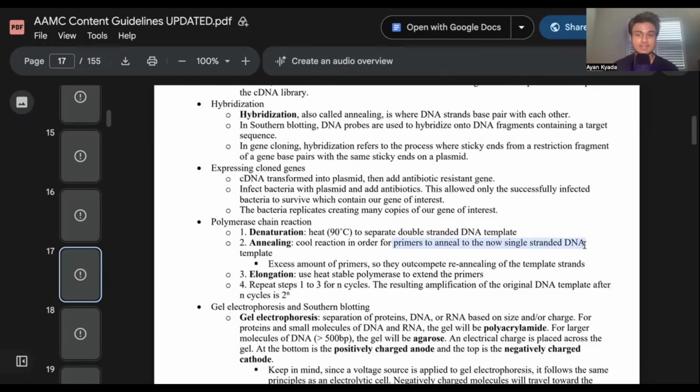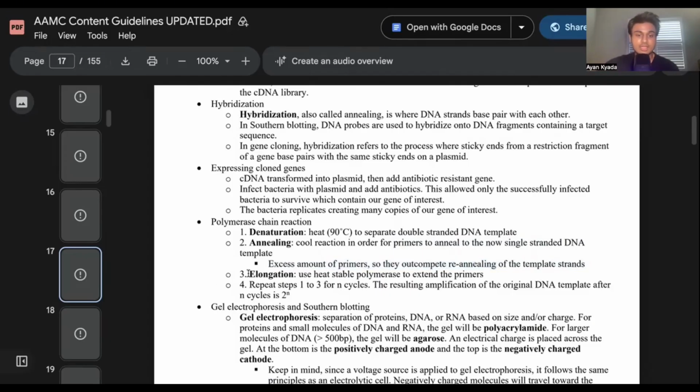So they're going to bind to that single-stranded DNA, and you're going to add a lot of primers so they outcompete the reannealing of the template strands. Because we just spent a lot of energy heating it up and separating the double strands, you don't want to cool the reaction and immediately have them stick together. So you're going to import a lot of primers so they essentially outcompete the reannealing.